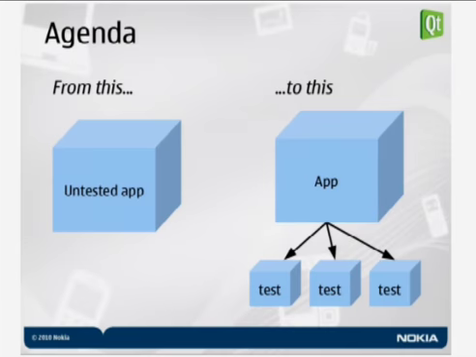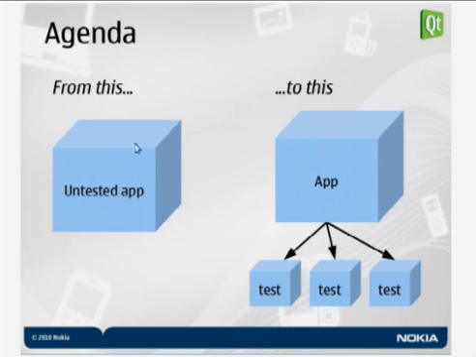Okay, so what I want to go over today is, consider yourself in this situation. Let's say you have some Qt application and currently you don't have any tests for it. So you've just got a big app and you really have no way of knowing whether or not it works other than running the application and clicking on some things.